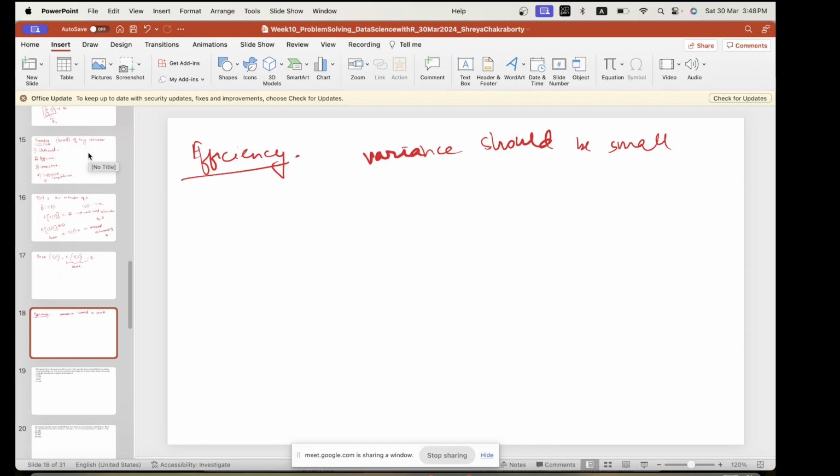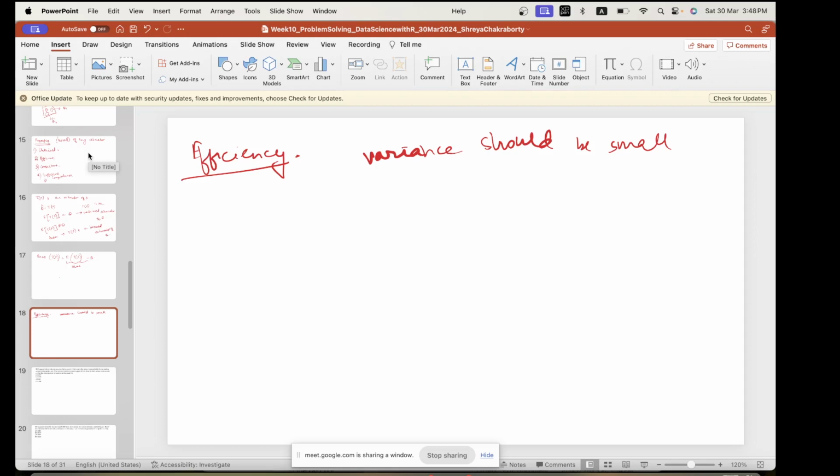Now you would want that variability to be very low. You want the estimate of theta to be very close to the actual value, and you don't want too much variance around your estimates.